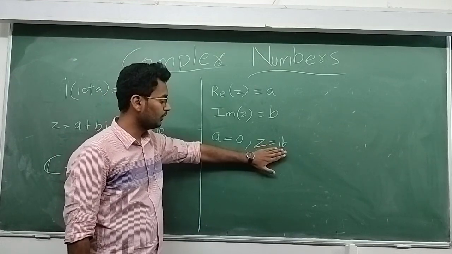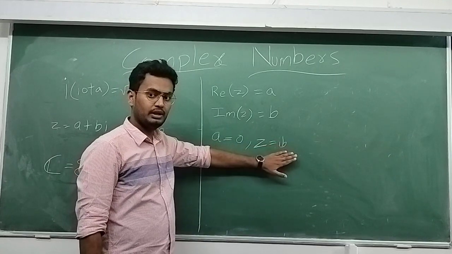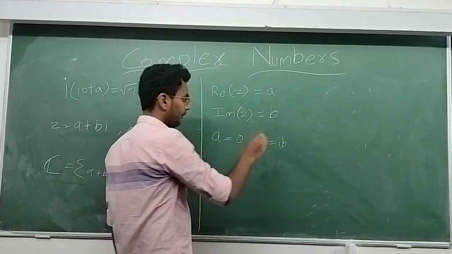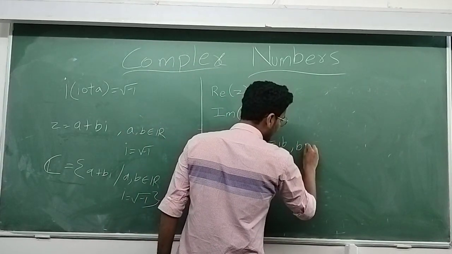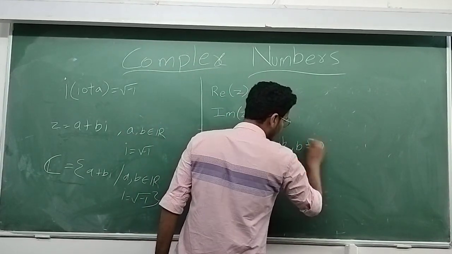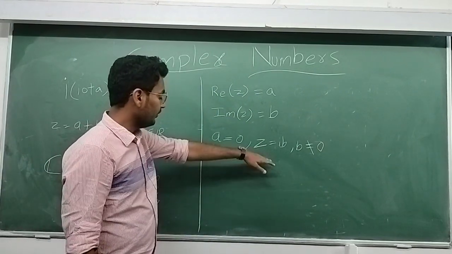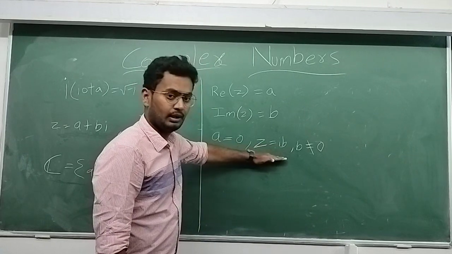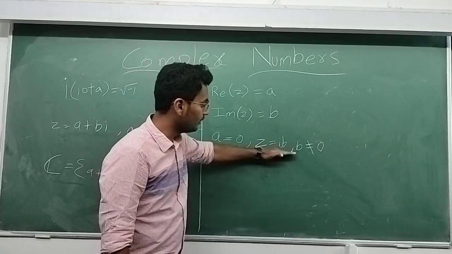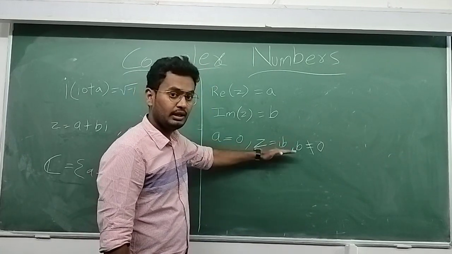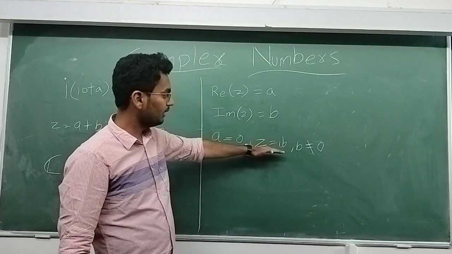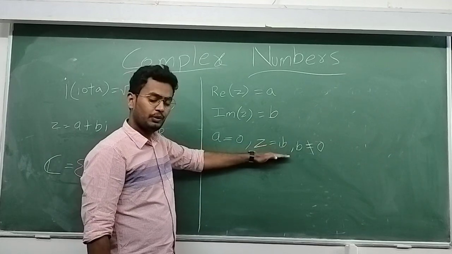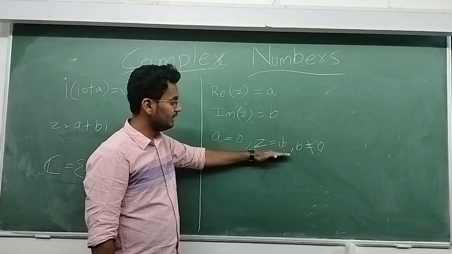Here again one condition is there: b is not equal to 0. If b is equal to 0, then z becomes 0, and that will be a real number. But if b is not equal to 0, then z is equal to ib is a purely imaginary number.